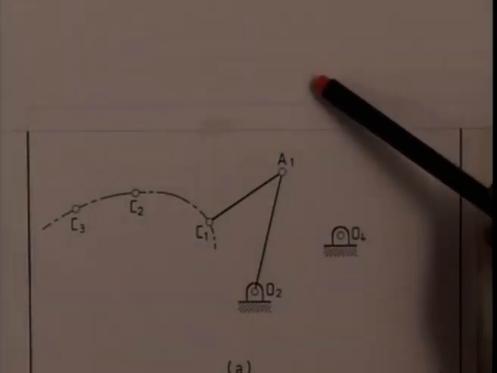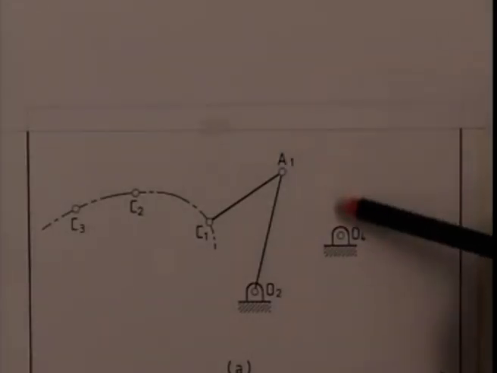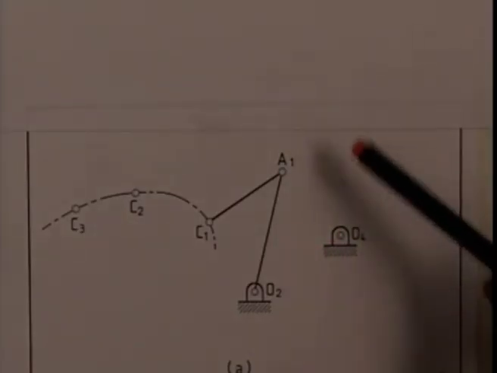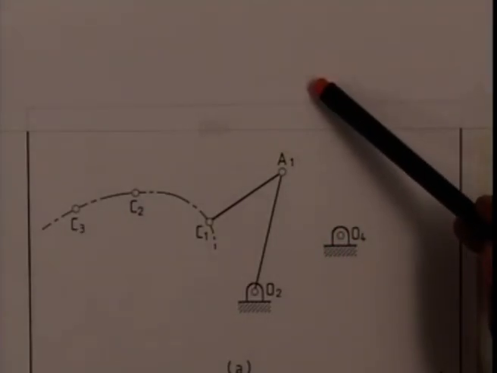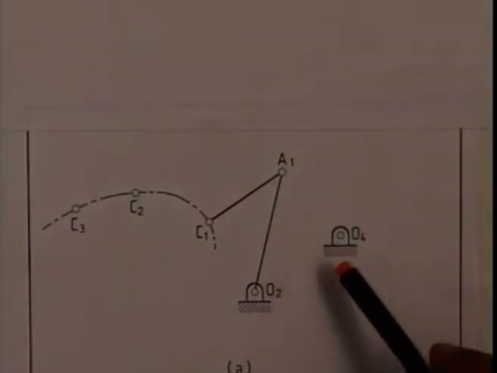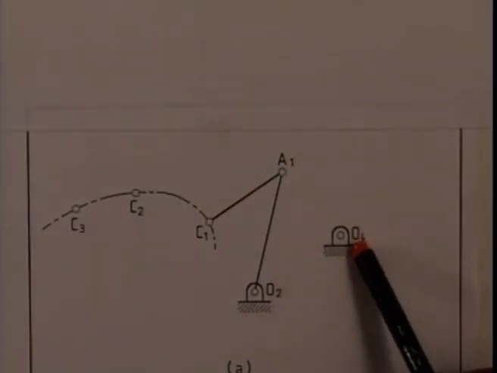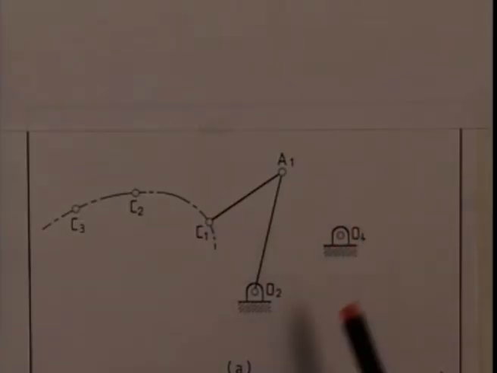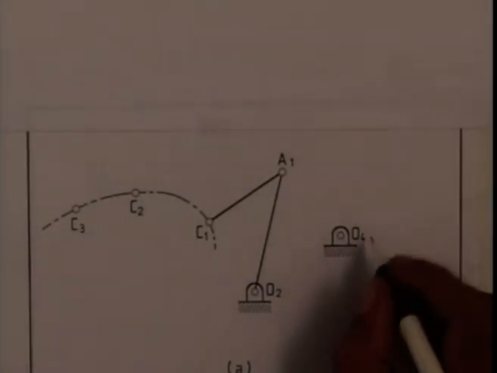Since B1 remains fixed and B1 O4 distance is constant, so O4 must move on a circle with B1 as the center. So our job is to determine what we call the inverted position of this moving hinge, fixed hinge O4, which we called O4 1 1.